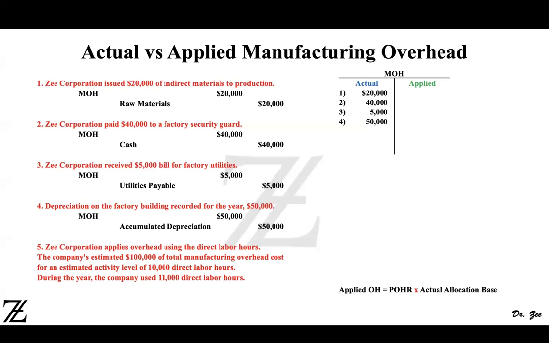Number of miles driven. The more miles you drive, the more gasoline you consume, and therefore the more it costs you. Electricity cost can be determined by number of kilowatts usage. The more kilowatts you use, the higher your electricity cost. So that's the cost driver. In this case, the cost driver is direct labor hours, so the allocation base is direct labor hours.